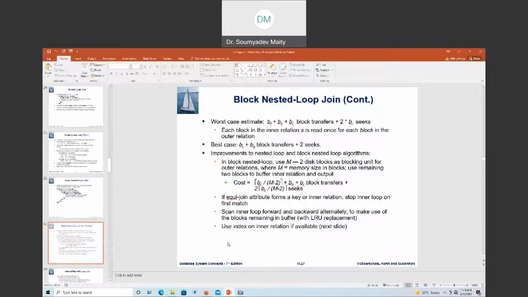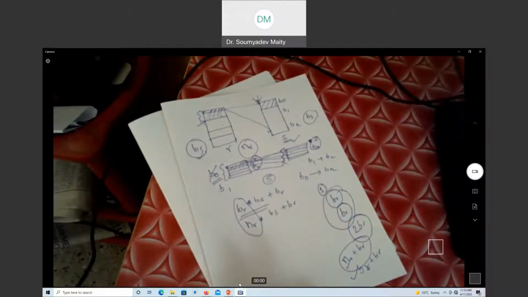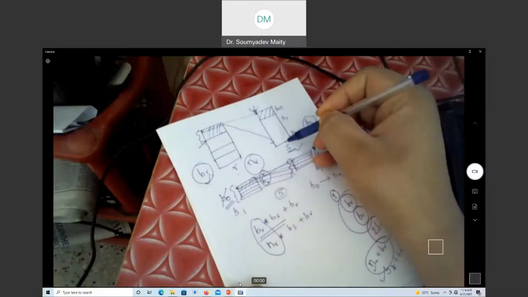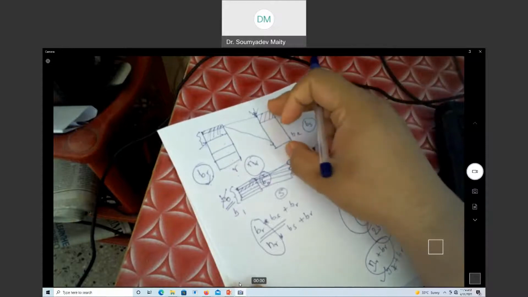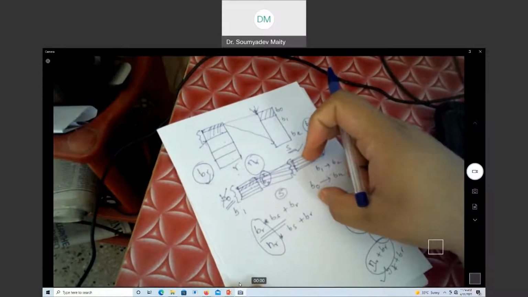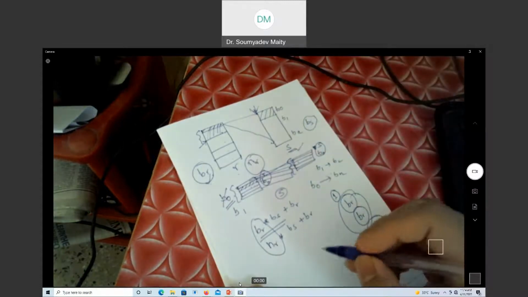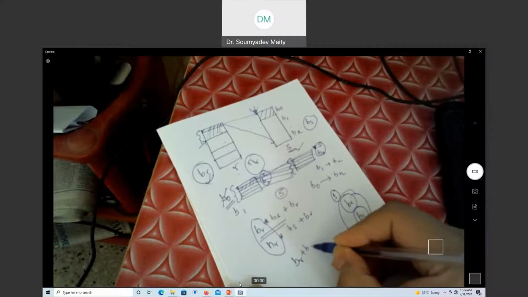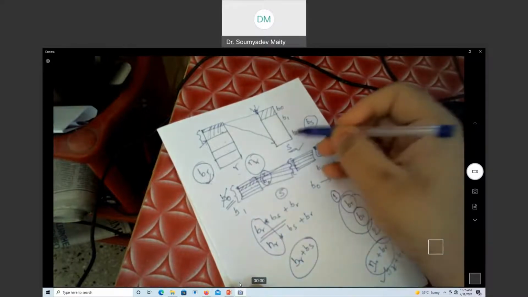Now, what would be the cost in the best case in this algorithm? In this algorithm also, the best case means that the inner relation is so small that it can be kept entirely inside the main memory. So in this case, as in the previous case, how many block transfers will be required? BR plus BS, because you need to read this file only once.